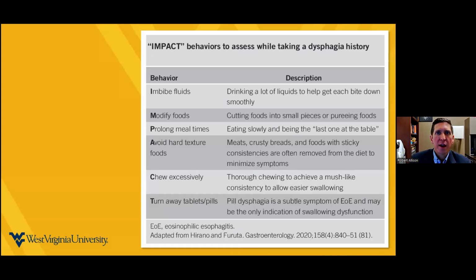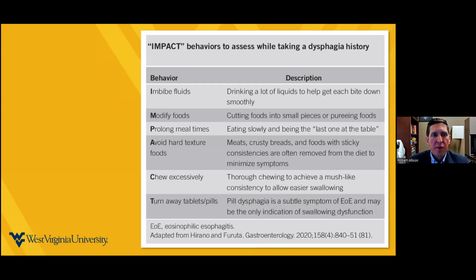So the American College of Gastroenterology came up with this IMPACT score. And these are behaviors to assess for yourself while in the clinic and talking to someone with dysphagia. The acronym IMPACT stands for imbibing fluids. That's where they have to drink a lot of fluids to help get each bite down smoothly.